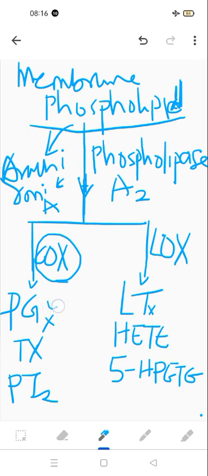So you can have prostaglandins, thromboxanes, or prostacyclins being formed from the cyclooxygenase pathway.